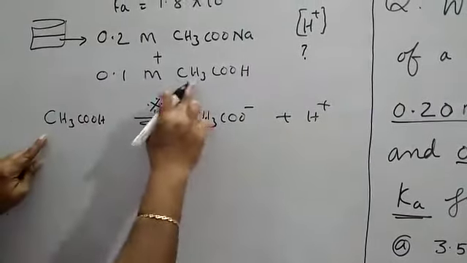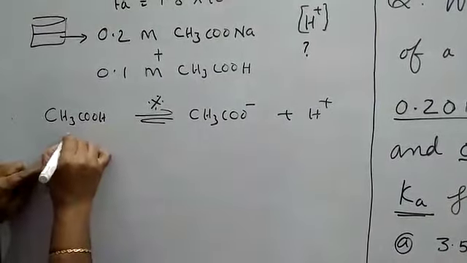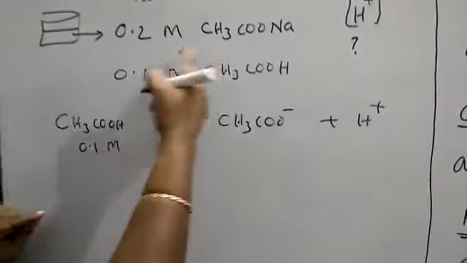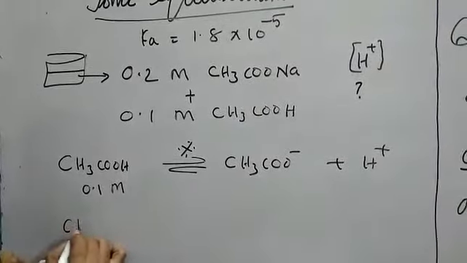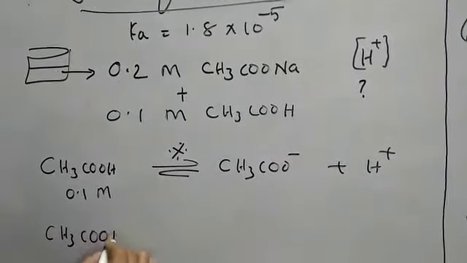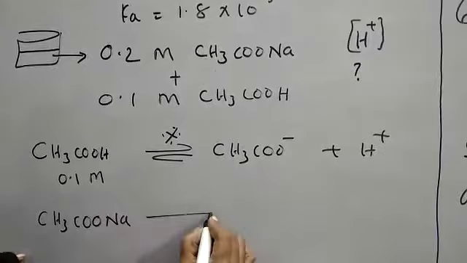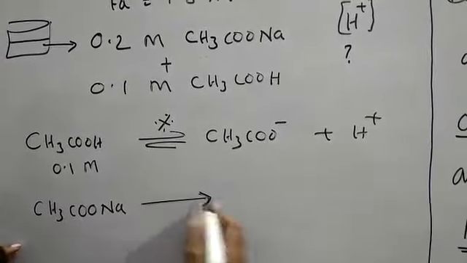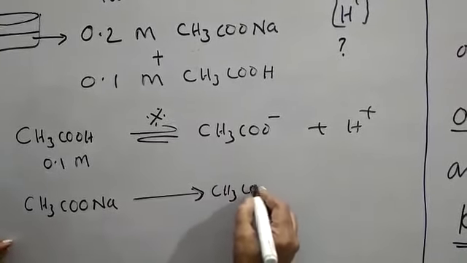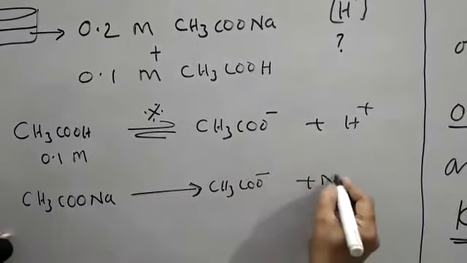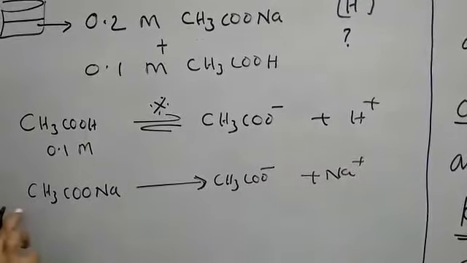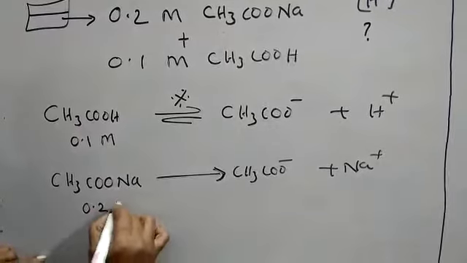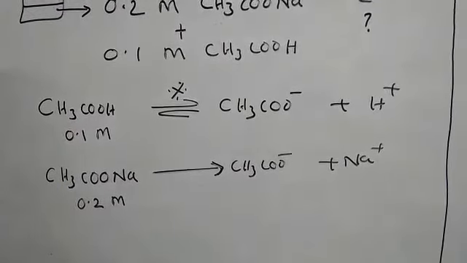The concentration of acetic acid is 0.1 M. Next, the salt given is CH3COONa. Since it is a strong electrolyte, it is completely ionized to give CH3COO minus plus Na plus. The concentration of sodium acetate from the data is 0.2 M.